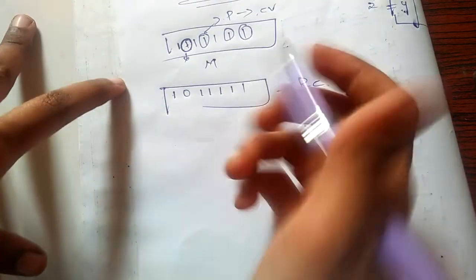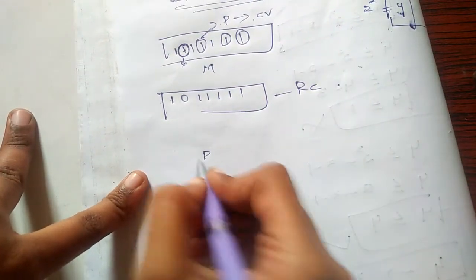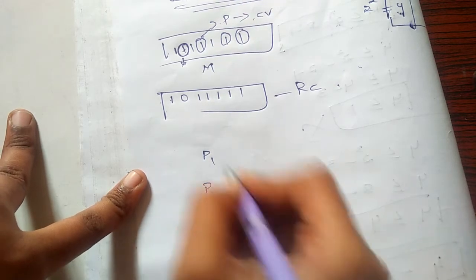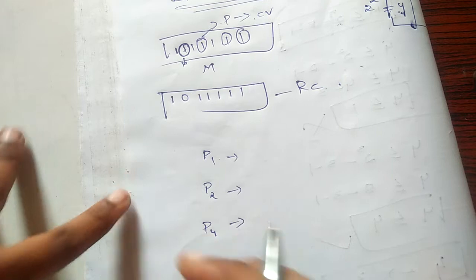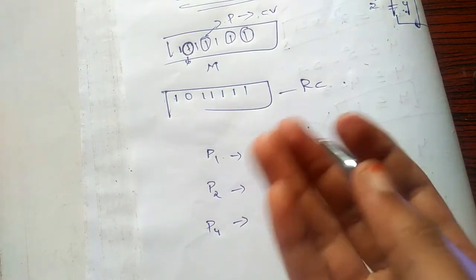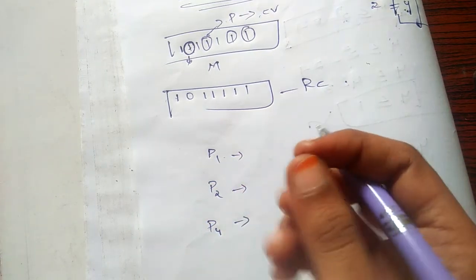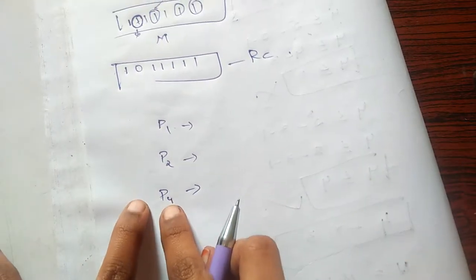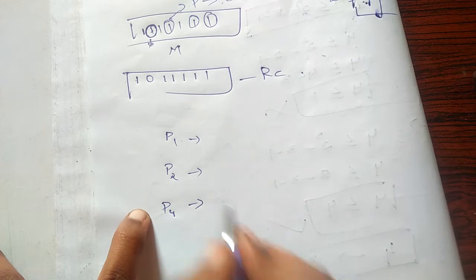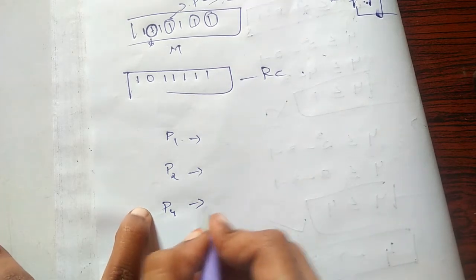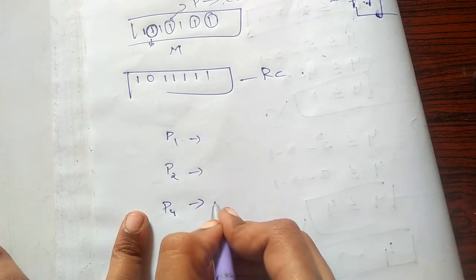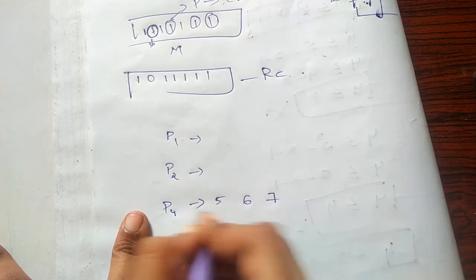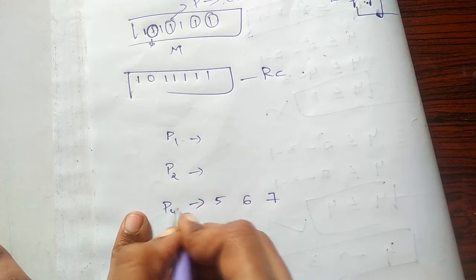So for P1, P2 and P4, there are some assigned positions through which it can check the mistakes and correct them accordingly. So for P4, how many positions are allocated? In the positions like 5, 6, 7, along with 4.